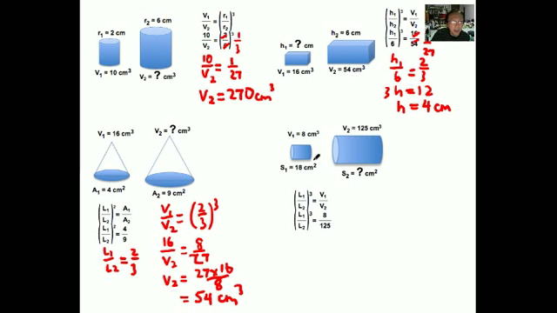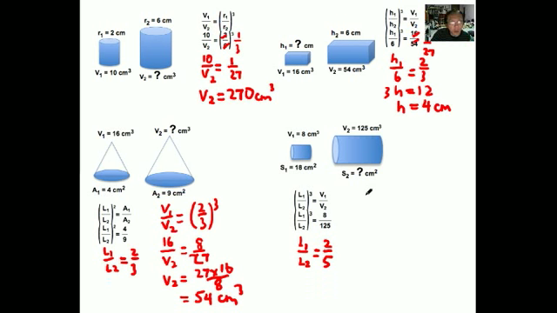In the last example, we need to find the surface area of the bigger object. We use the relationship again: the ratio of lengths cubed is the ratio of volumes. From here, we can find the ratio of lengths, L1 over L2, which is simply 2 over 5.